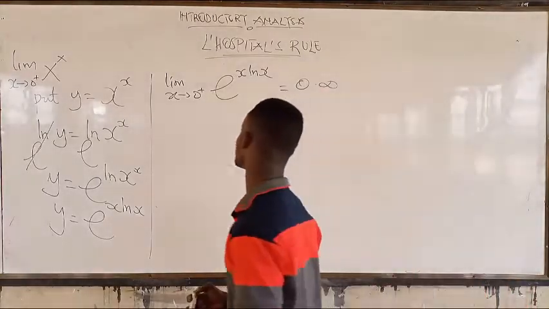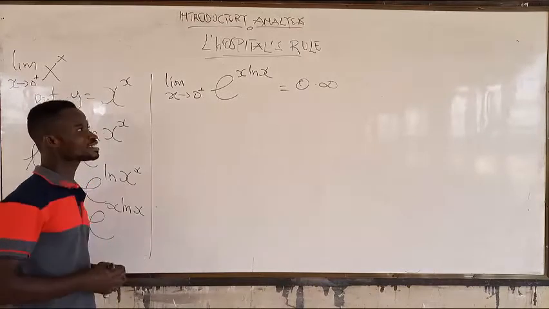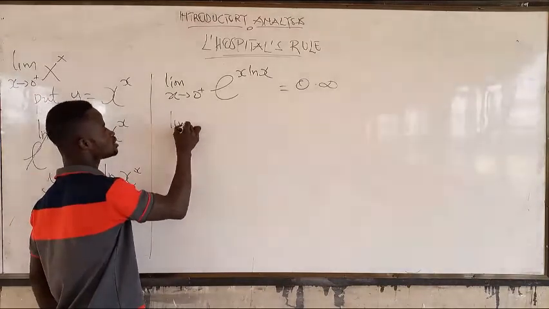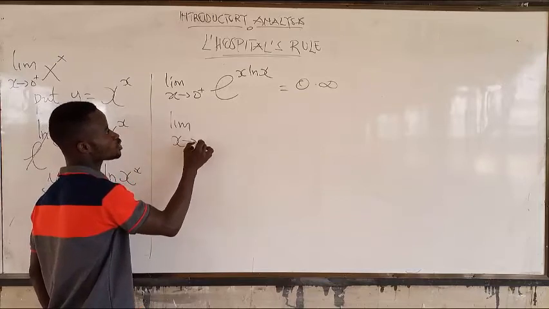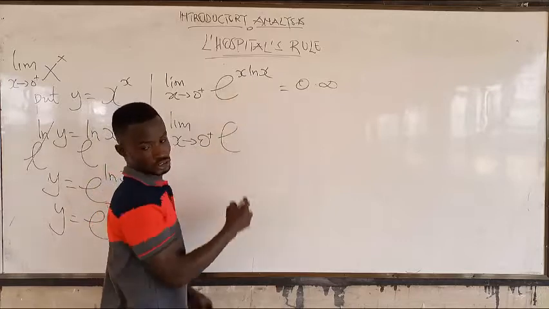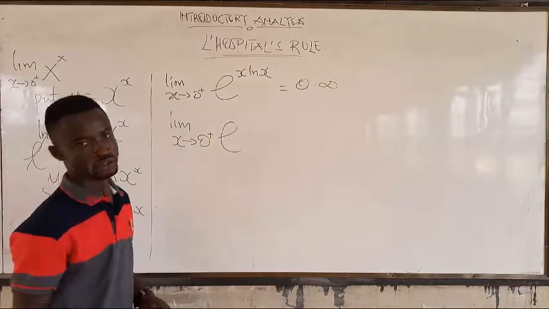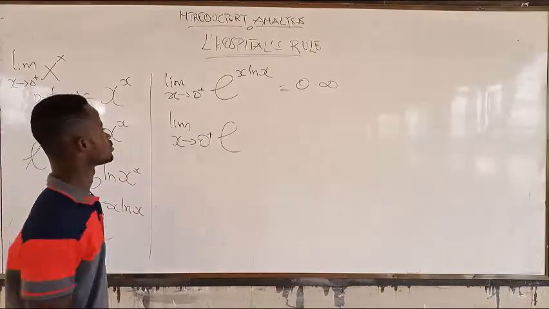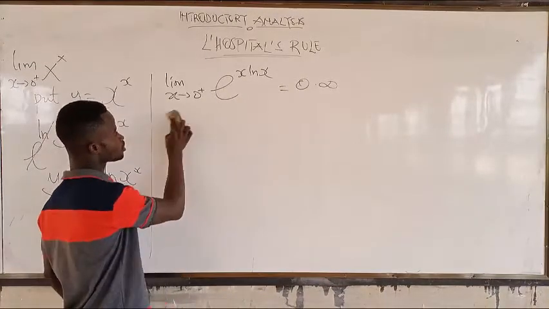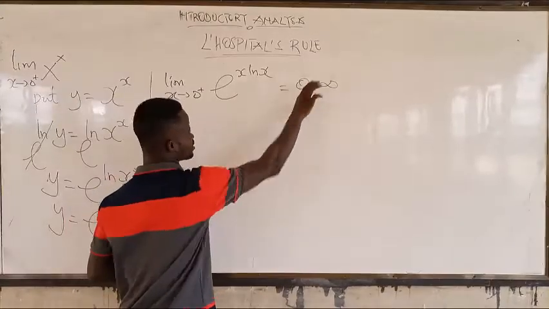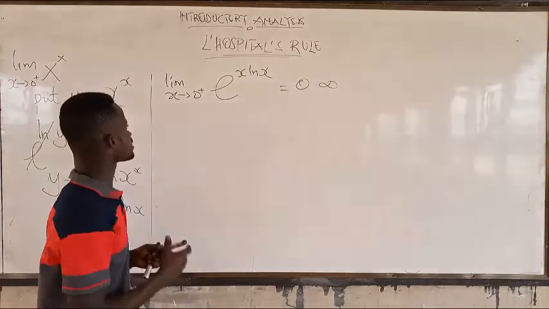Alright. So, to get it in the indeterminate form, we take the limit as x approaches 0 from the right, e raised to the power. Now watch. You know that even before this, it's still the same thing.